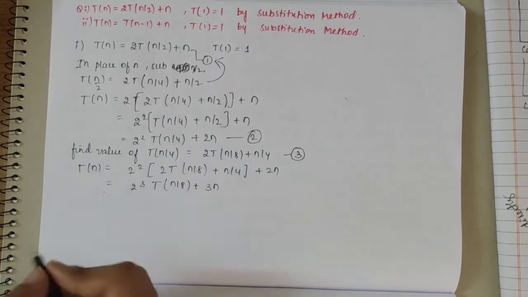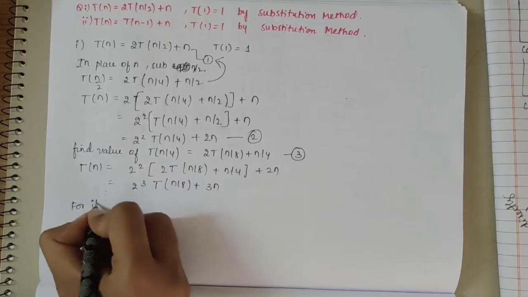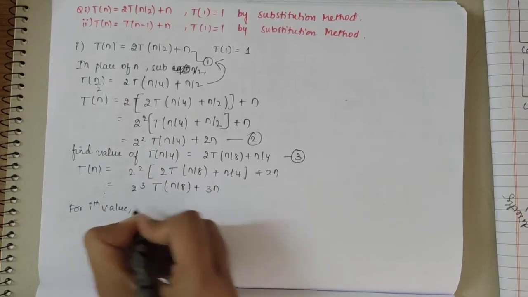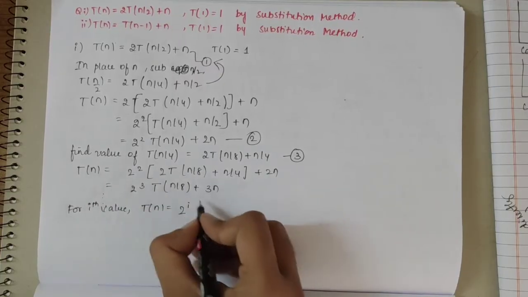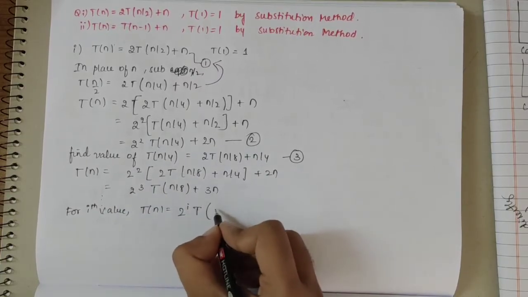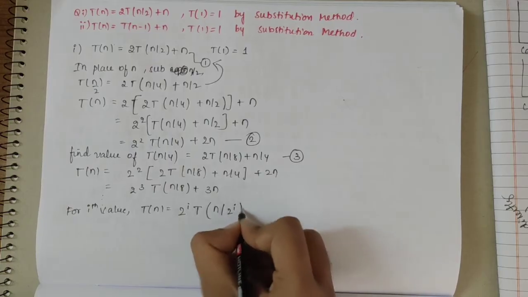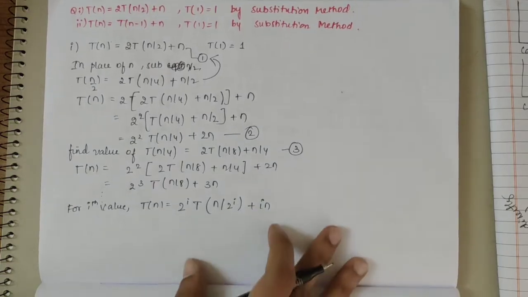So if I continue doing the same for the ith value, by looking at the trend, I can write T(n) is equal to 2^i T(n/2^i) + i n.